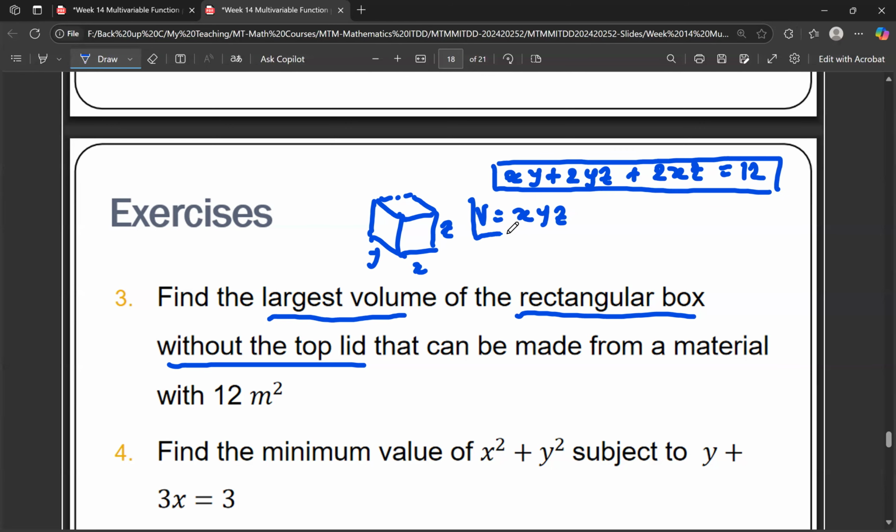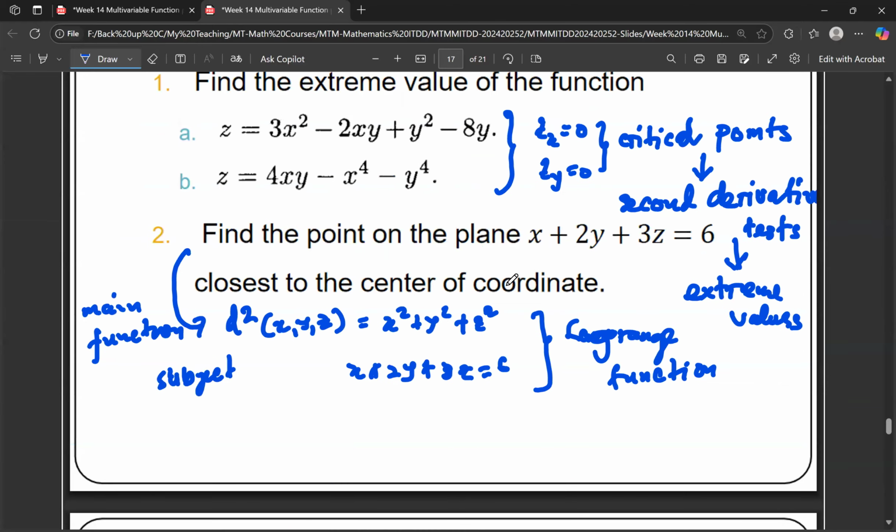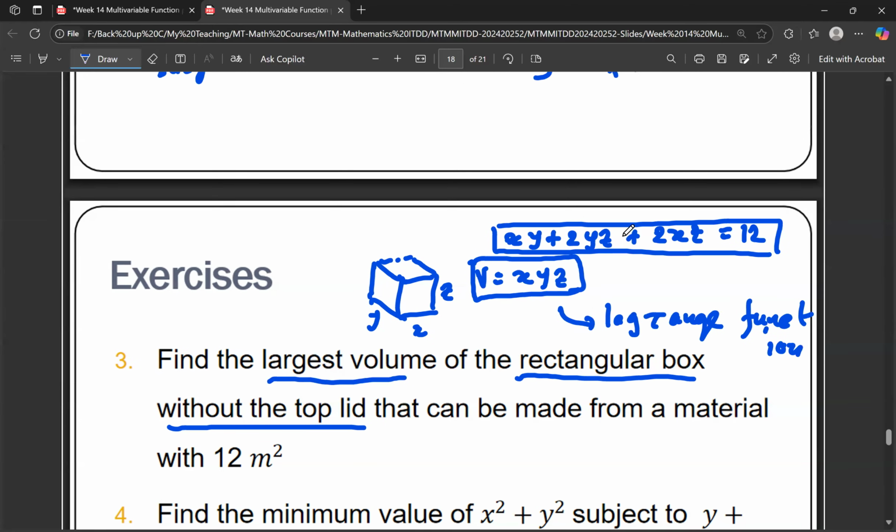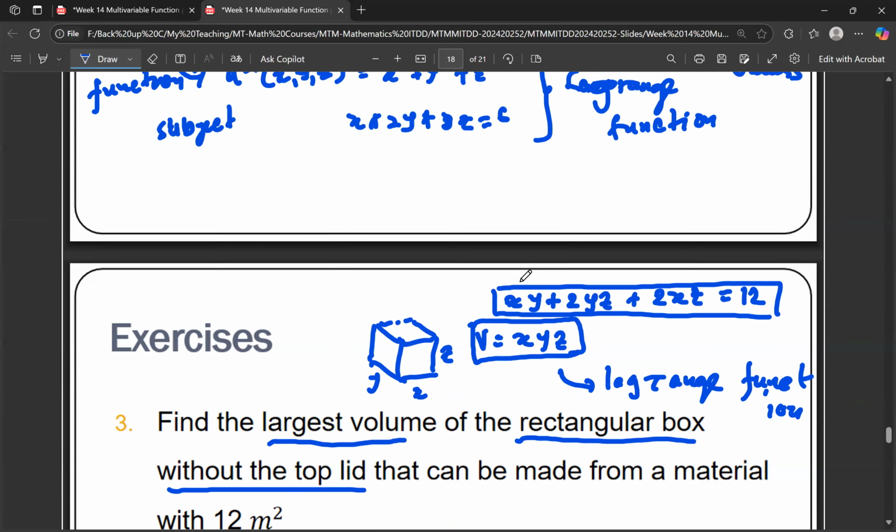Again, after you get the formulation, you can use the Lagrange function, as we do in number two. So this is the constraint, and this is the function.